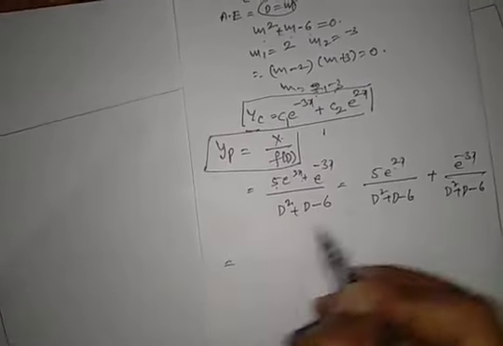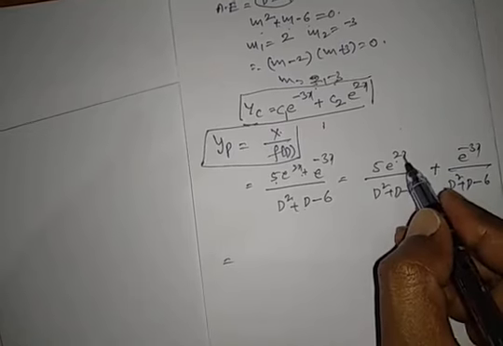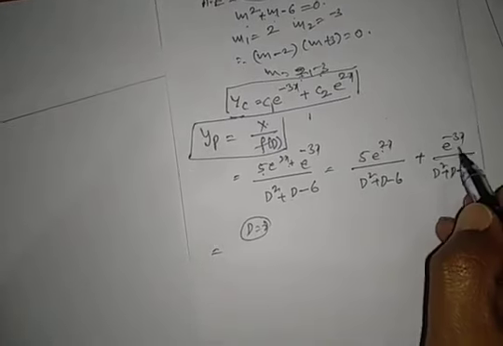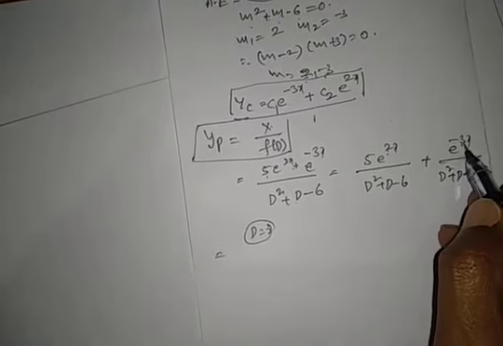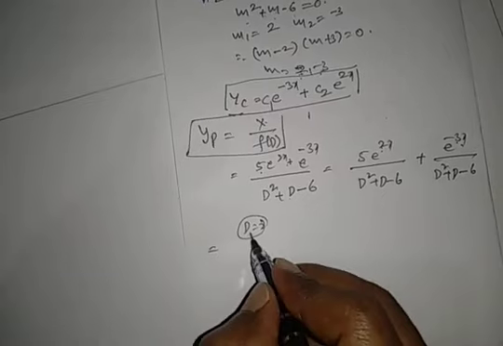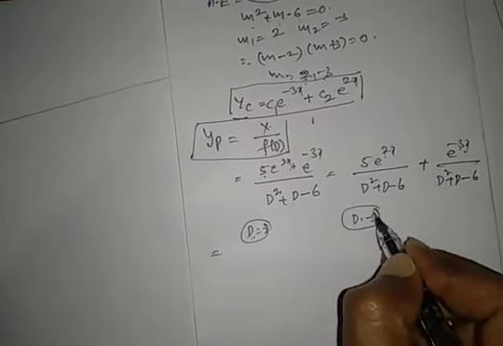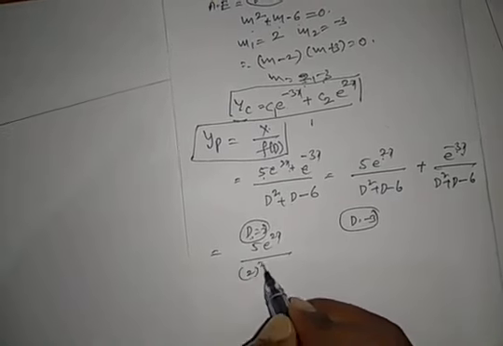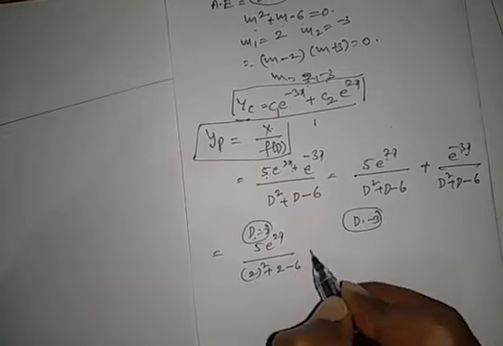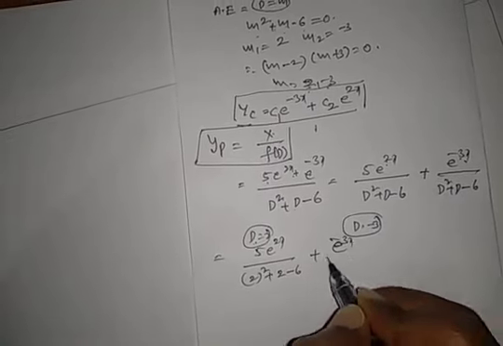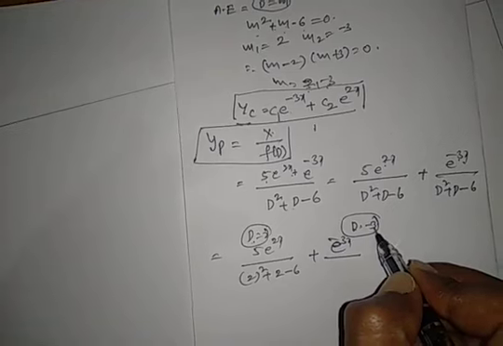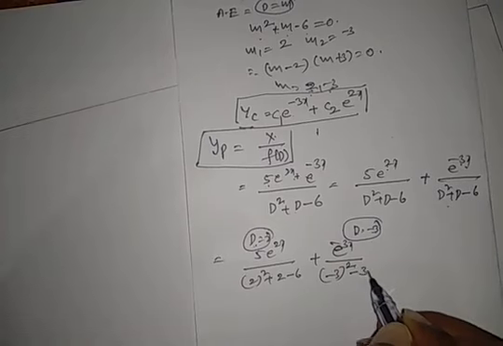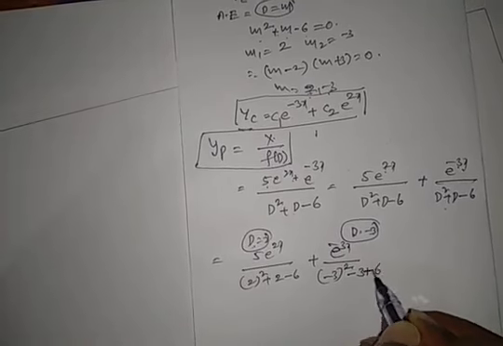Now here the x coefficient is 2, so substitute D is equal to 2, and here the x coefficient is minus 3, so substitute D is equal to minus 3. So 5 e to the power of 2x by 2 square plus 2 minus 6, plus e to the power of minus 3x by minus 3 whole square plus minus 3 minus 6.